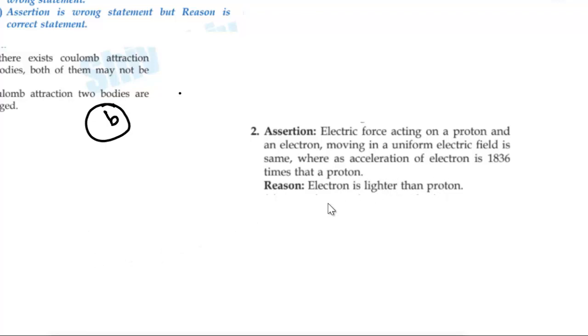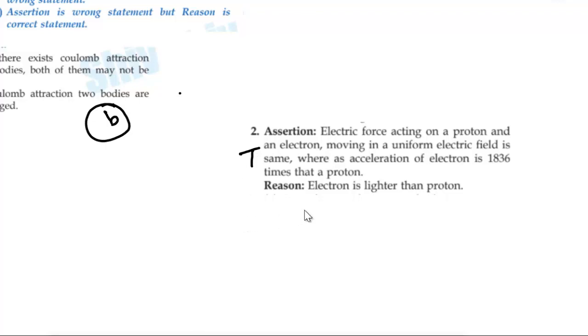The reason is electron is lighter than proton. So electric force acting on a proton and an electron moving in a uniform field is same. Whether it is same? Yes. Electron and proton have the same charge value, only the sign, positive and negative, is different. Whereas acceleration of electron is 1836 times that of proton. So this statement is true only.